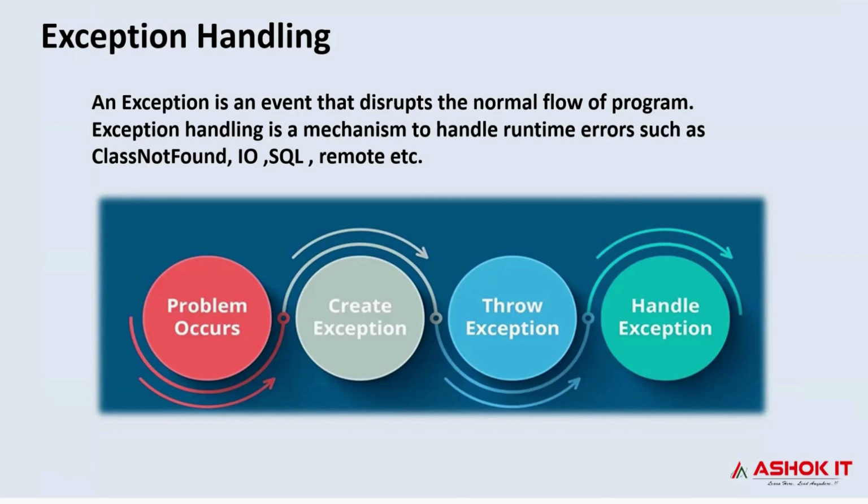Many such cases are there. But if we do not handle them, it leads to a system failure. So handling an exception is very important, and that's where Java introduced the exception handling mechanism, to handle runtime errors so that the normal execution flow will not be disrupted.